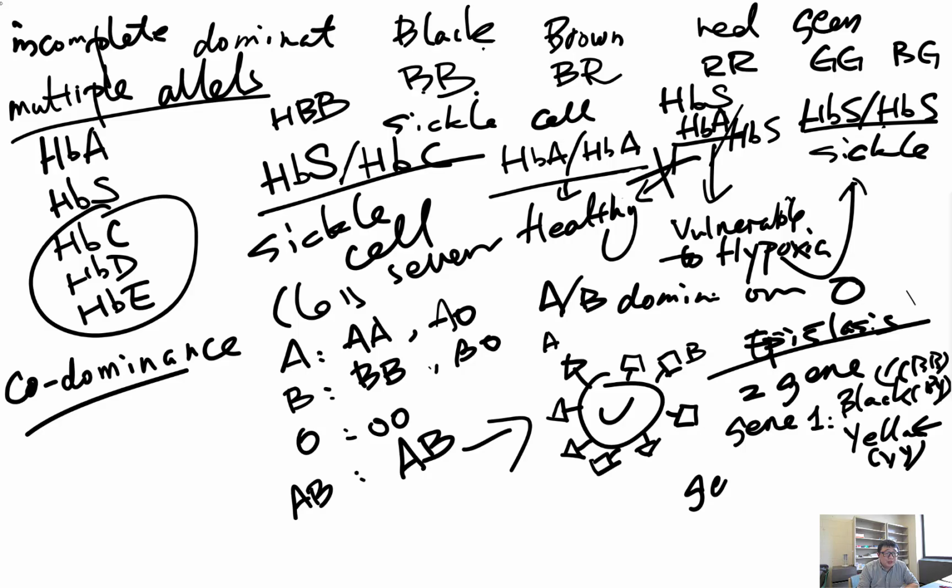However, you also have gene 2. In the case of gene 2, color or no color: C and N. C is dominant over N. NN is no color. Either CC or CN has some color, and this color is determined by black or yellow. When there's an NN allele in gene 2, then there's no color at all.